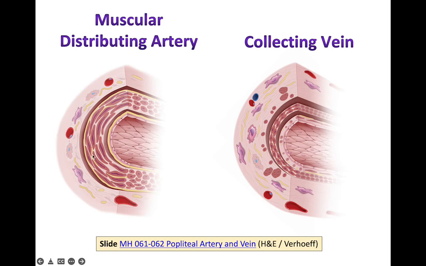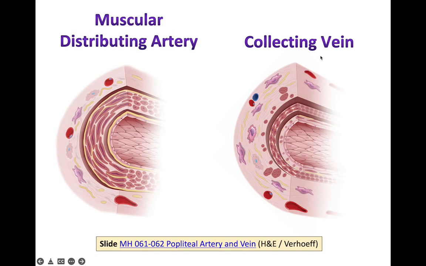In between these smooth muscles, we can find elastic fibers. They don't form laminae, but we can find elastic fibers. And then there is the external elastic lamina. And the tunica adventitia is typical. It's connective tissue. It contains vasa vasorum, nervi vasorum, collagen and elastic fibers, and fibroblasts.